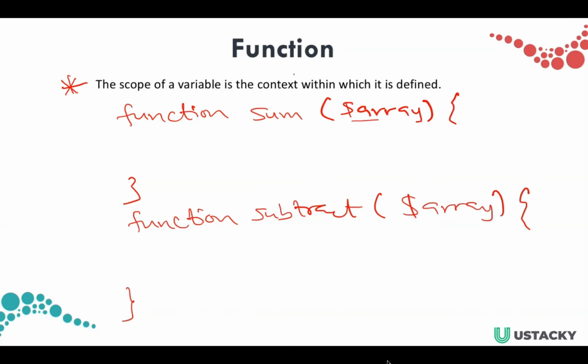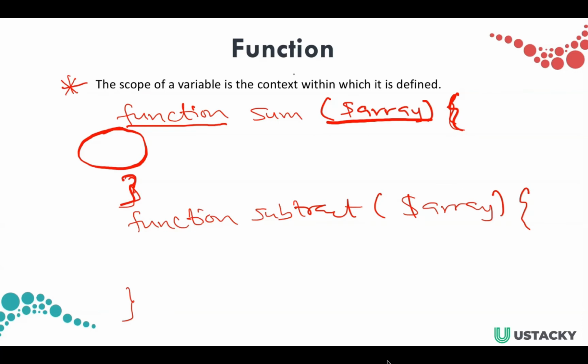This variable is defined in this function, and this function is bounded by these two curly braces. The meaning is that this variable can only live within the scope of its definition. This is the scope of the definition of the variable.